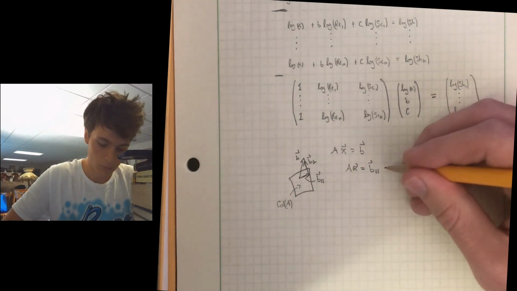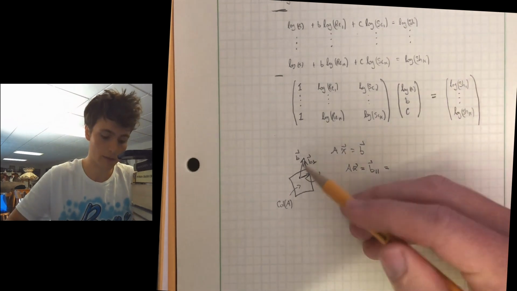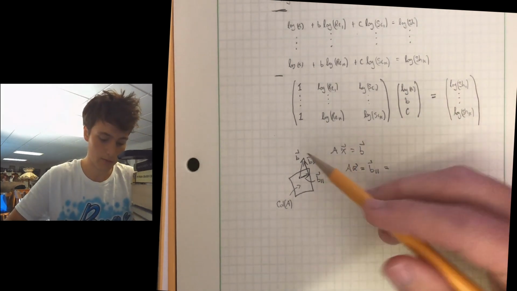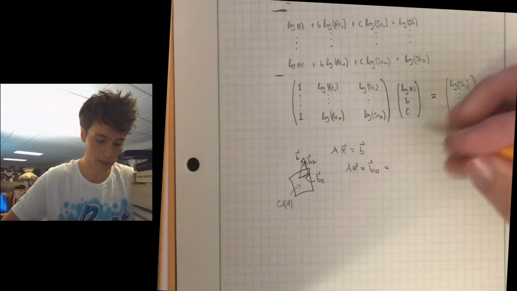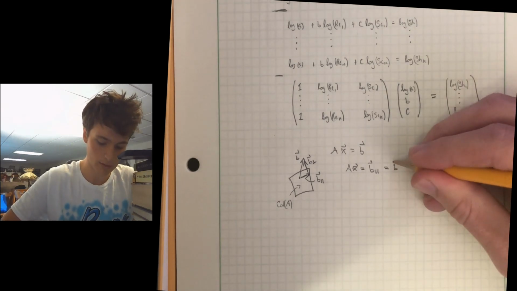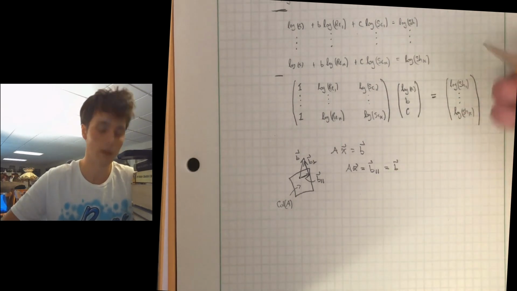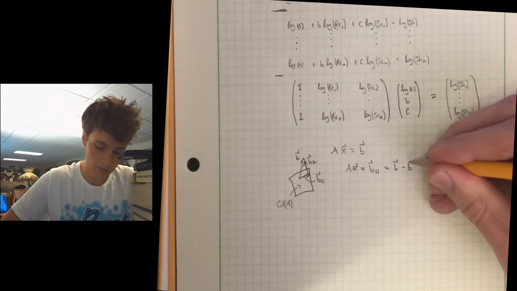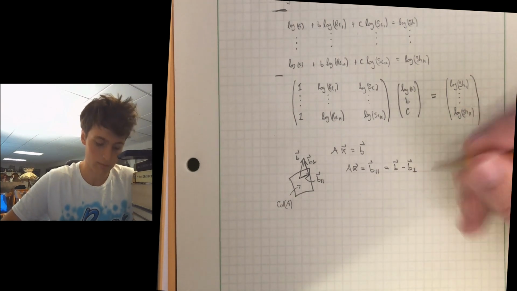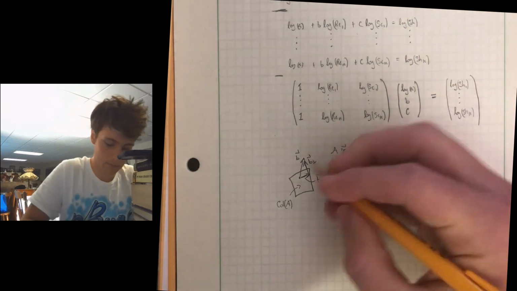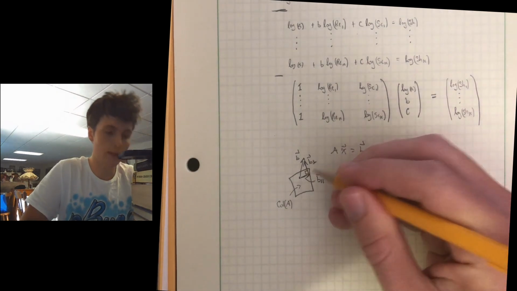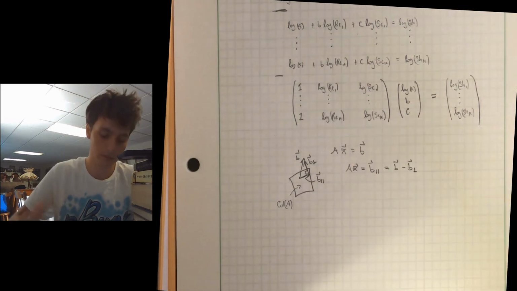which is just a linear combination of the B vector and the perpendicular vector. So B parallel is just the B vector, which was up here, minus the perpendicular vector. This B perpendicular is orthogonal to our column space.